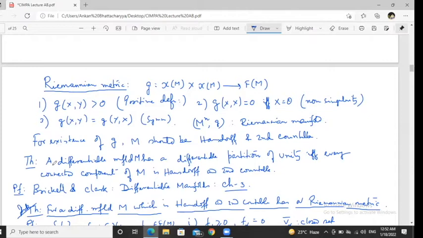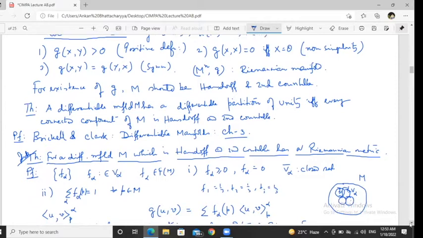The first theorem is that a differentiable manifold M has a differentiable partition of unity if and only if every connected component of M is Hausdorff and second countable. I am not going into the proof of this. The proofs are lengthy and it is almost entirely the topological part. It is given in Brickell and Clark, Differentiable Manifolds, chapter 3. So if anyone is interested, you can look into this book.